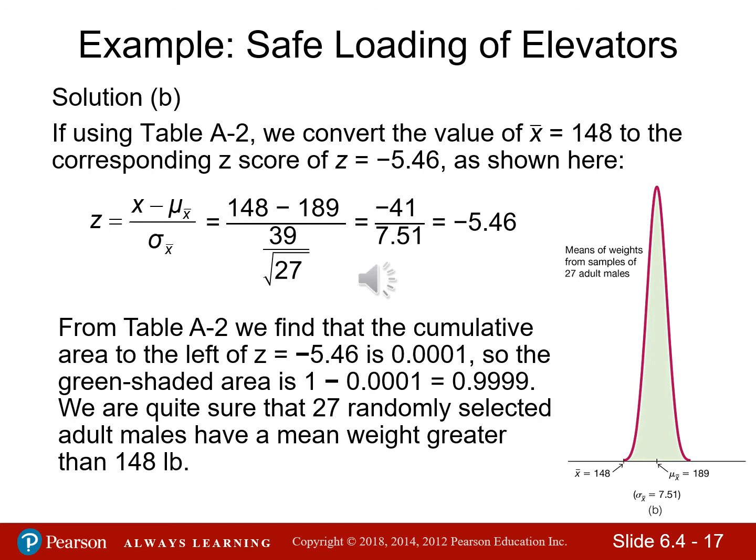So the green shaded area to the left of our z-score is 0.0001. And then the area to the right of our z-score would equal 1 minus 0.0001, or 0.9999. From this, we can state that we're quite certain that 27 randomly selected adult males will have a mean weight greater than 148 pounds.